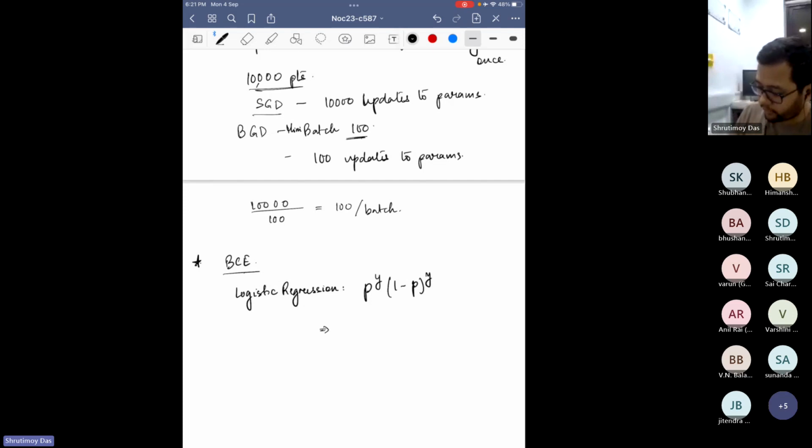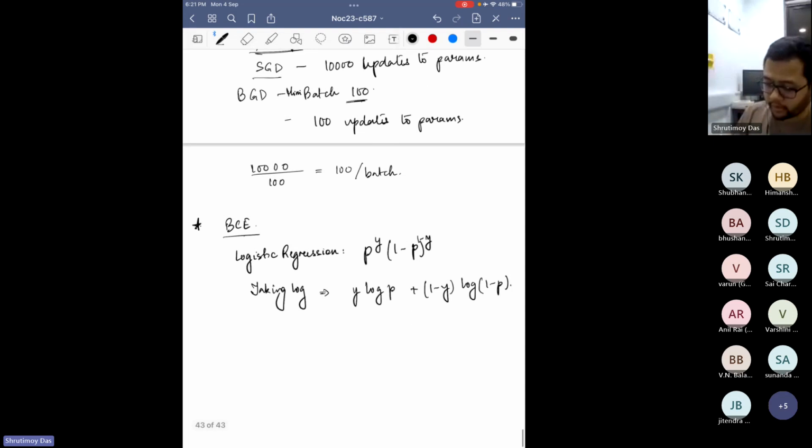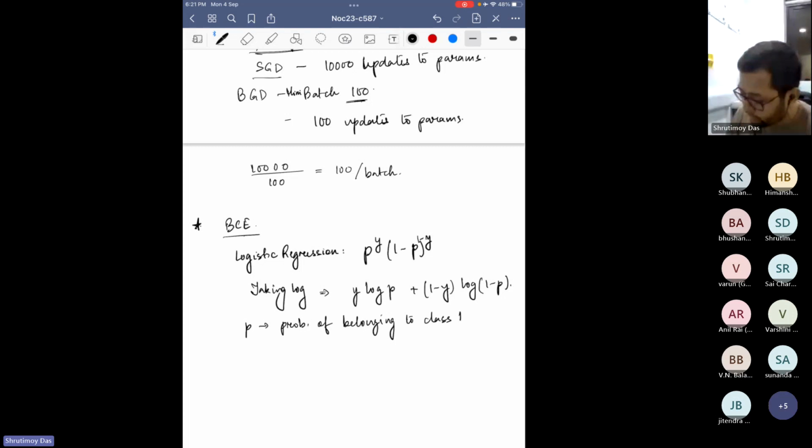If we take the log of this, we get y log p plus 1 minus y log 1 minus p. So what happens? Suppose p is your probability of belonging to a class, and you have two classes, class 0 or class 1.